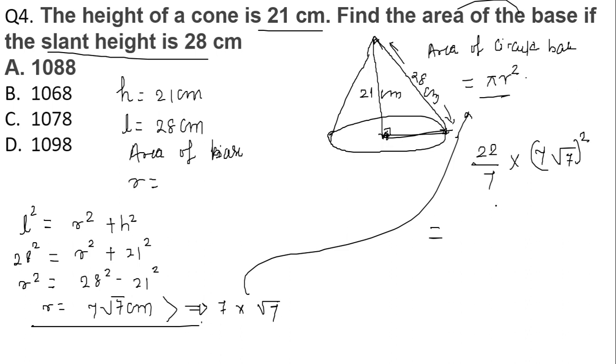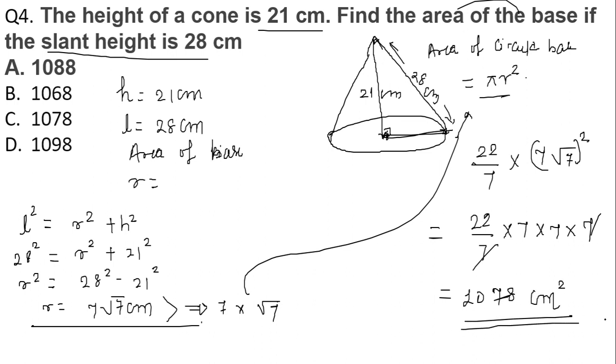Simply, 22 upon 7 into 7 into 7, and under root of 7 into under root of 7 is going to give you 7. So 49 into 22 will give me 1078. So the area of the base of the cone is 1078 centimeter square. That is option C, the correct answer for the given question.